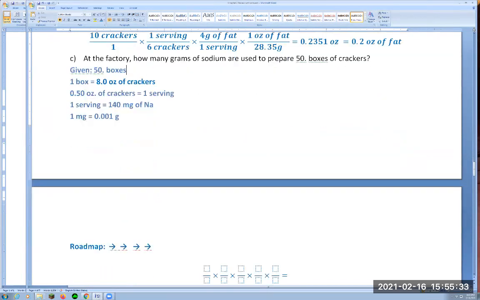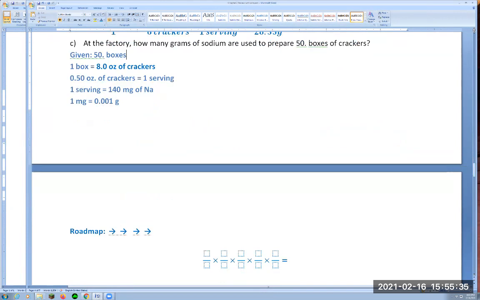So let's write the roadmap now because we need it. There's a lot of conversions here. So we start from 50 boxes of crackers. From the boxes of crackers, we can convert to ounces of crackers. From the ounces of crackers, we know the amount of serving.